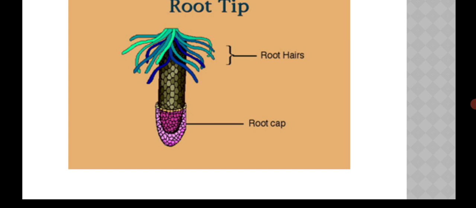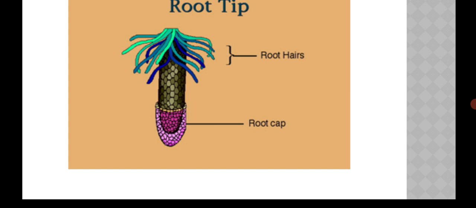So the morphological adaptations get divided into root, stem and leaves. We are going to see what kind of adaptation is there in the root, stem and leaves so that the plant can survive and grow in abundant water conditions.